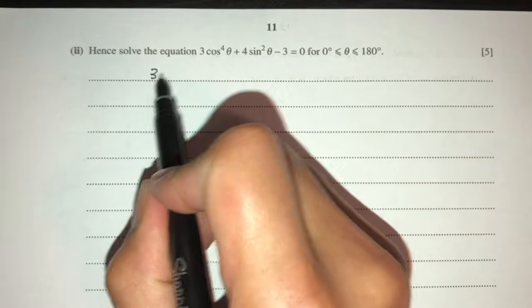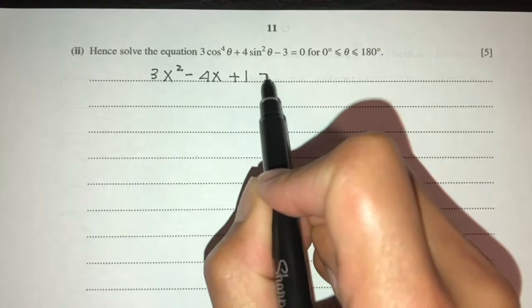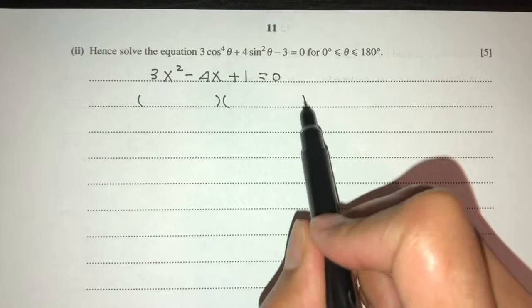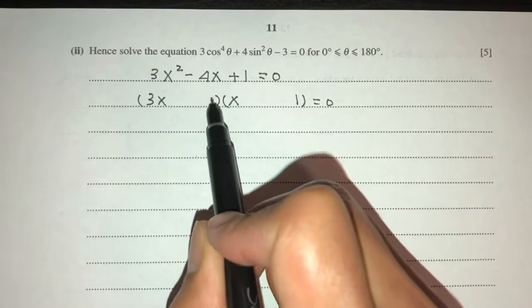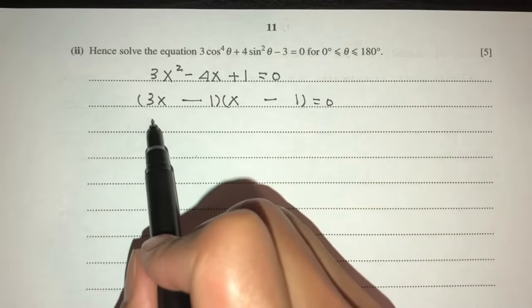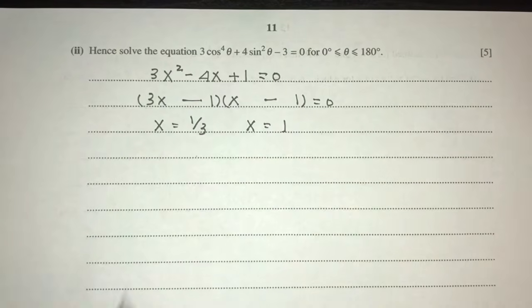So first we have this one as seen from part 1. So first we can factorize them, right? You will see two brackets. Then you will have 3x times x, 1 is 1 times 1. To get minus 4, we have to have minus 3 and minus 1. So x has to be 1 over 3. x has to be 1.